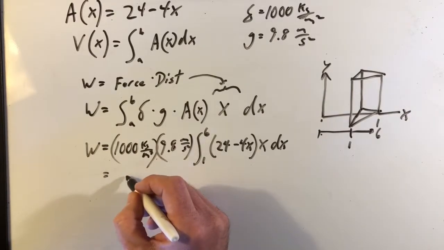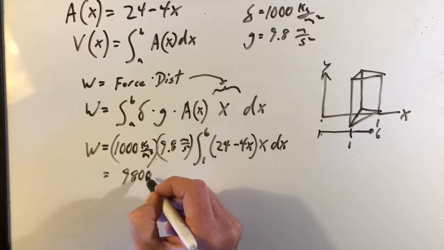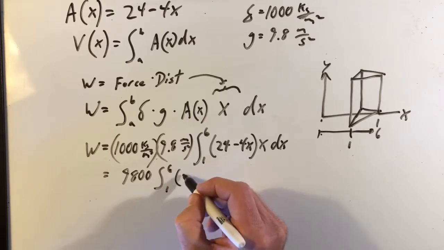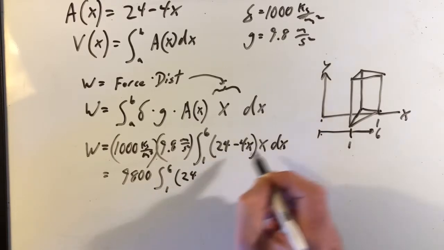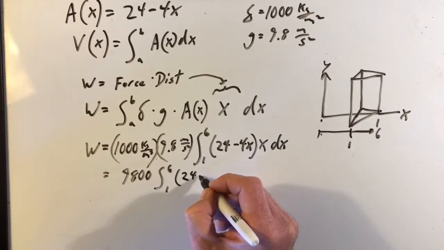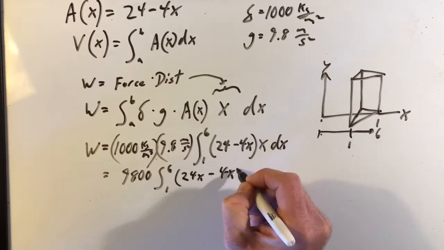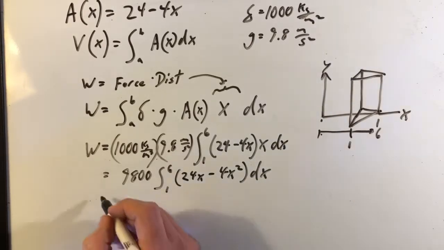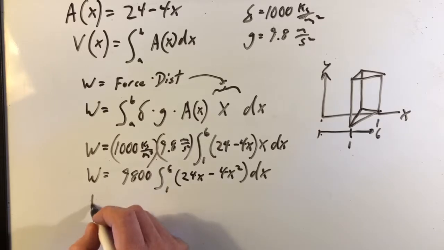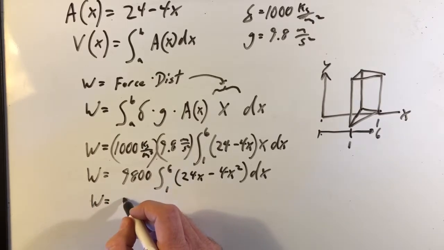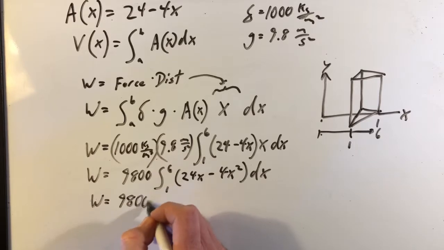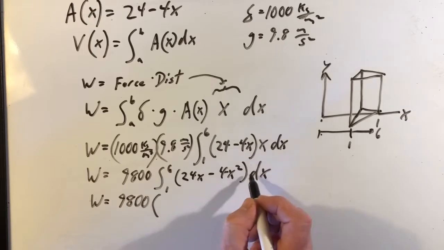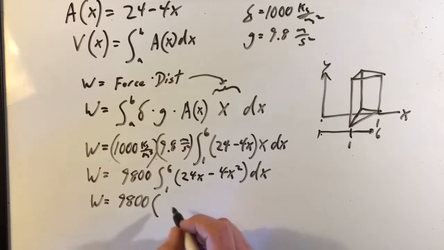Come down to the next line. 9,800 times the integral from 6 to 1. We have now distributed that x into the parentheses, which gives us that there. Again, this is work. Work equals 9,800 times the quantity. I'm just going to do the integration right here and leave it at that.